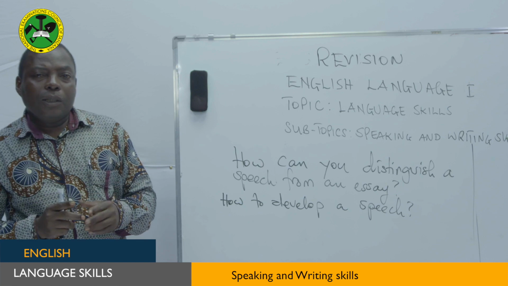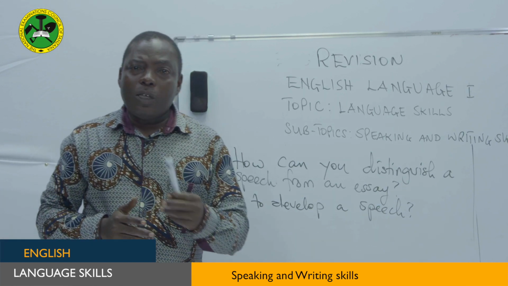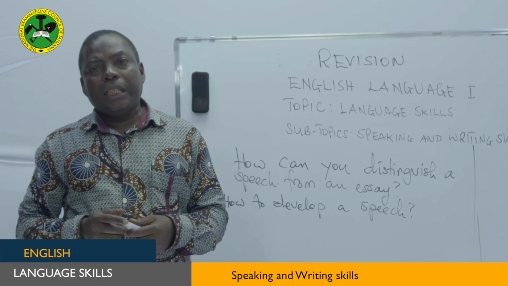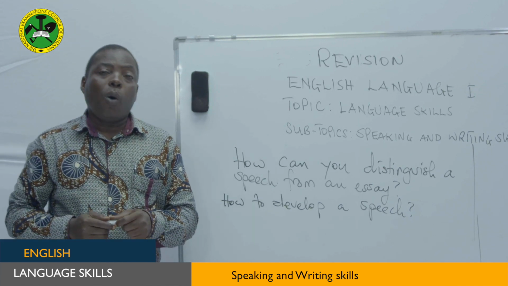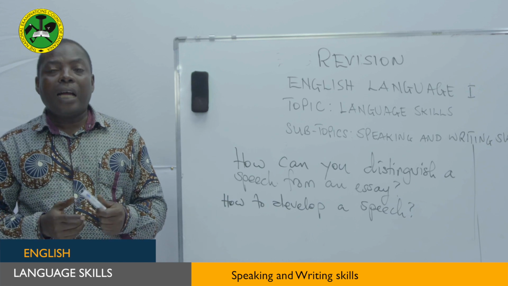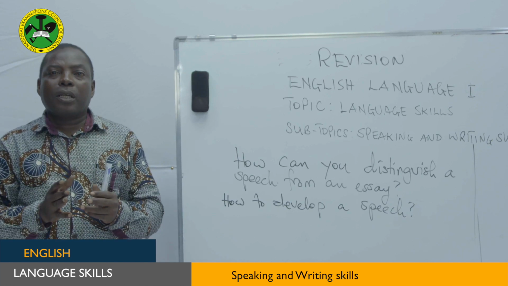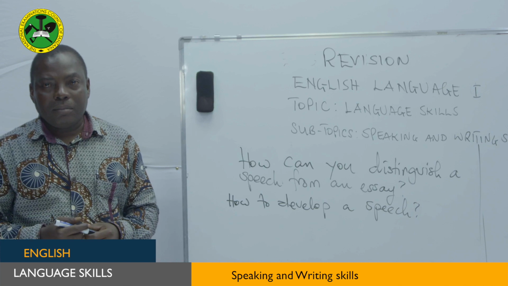For a person to write a good speech, the first thing he or she has to do is make sure that he or she has read and understood the subject that he is going to present.